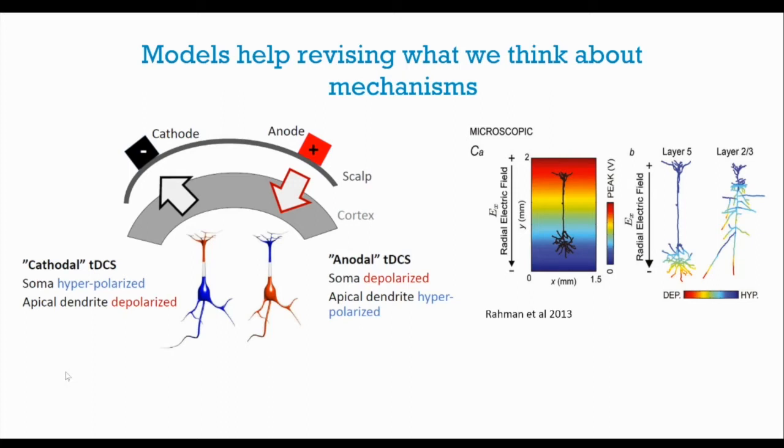And because we always need an anode and a cathode, both effects will occur in the brain. So this whole idea about anodal stimulation, certainly at the level of an individual neuron, is at least something that people have started to think about quite deeply following those results and building on earlier work.